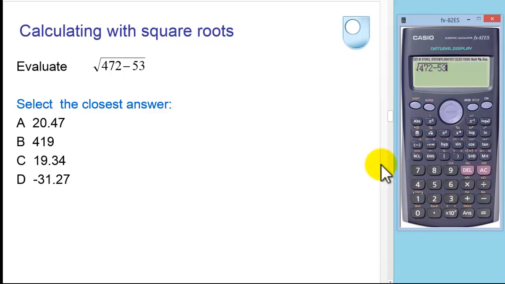So what we can see is the square root symbol is acting like a bracket. So everything's done under the square root symbol first, which is 472 minus 53, and then we evaluate the square root of the answer, which gives us square root of 419, and then that gives the final answer at 20.47. So answer A is the closest answer to the one that's given on the calculator screen here.